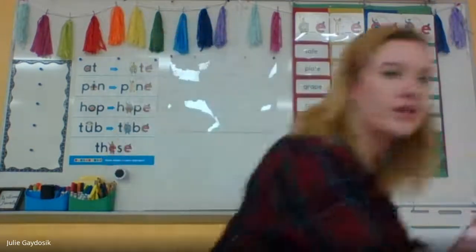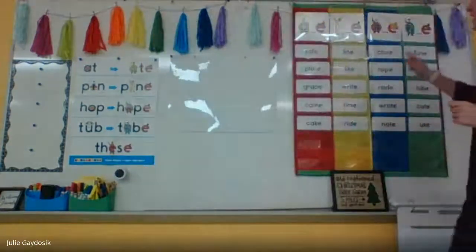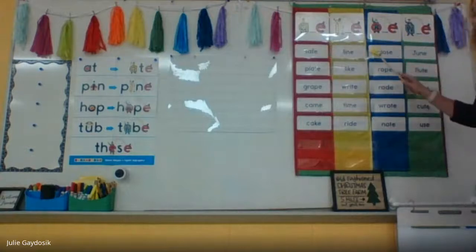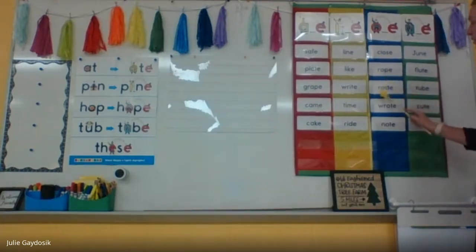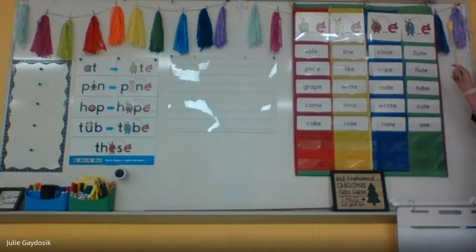What about over here for magic E with Mr. O, right? We had words like close, rope, road, wrote, and note. And then finally, magic E with Mr. U, right?